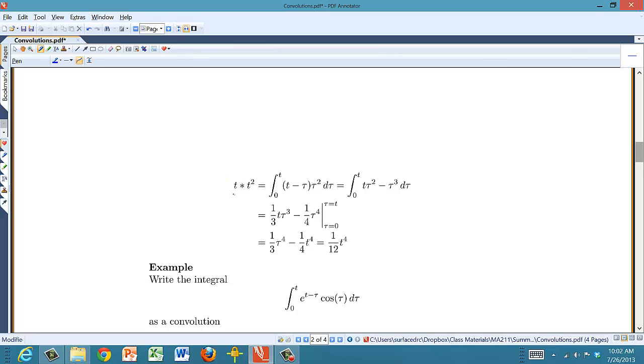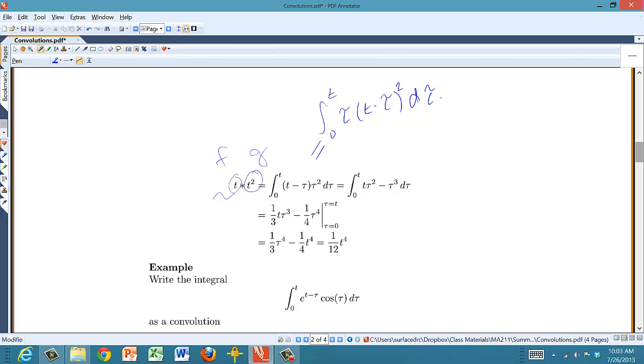If you wanted to compute t convolved with t squared, so this is your f and this is your g, it would probably be a whole lot easier to put the t minus tau into t, because then I'll have a t minus tau squared. If you write it the other way, this is the integral from 0 to t, and put the t minus tau into the t squared, so you'd have tau and then t minus tau squared d tau.